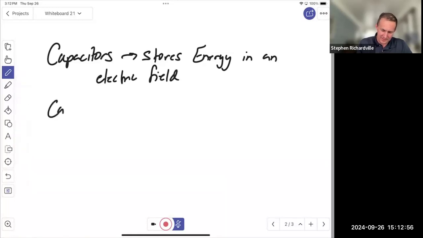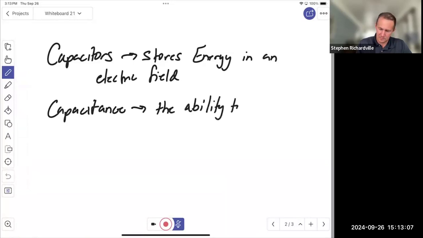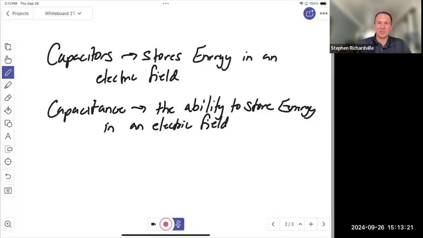And so capacitance is the ability to do that. So like the flux capacitor, what is he trying to do there in Back to the Future? We're trying to store up a certain amount of charge and release it.